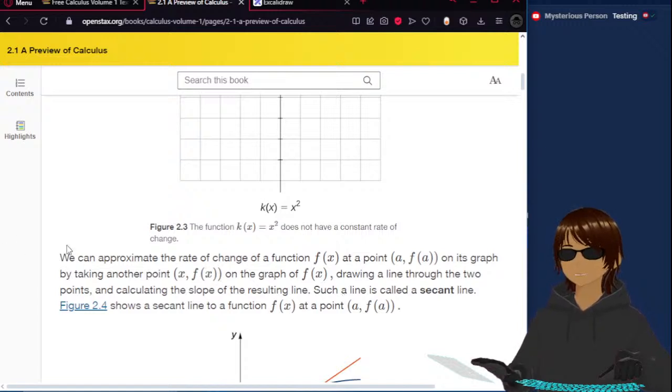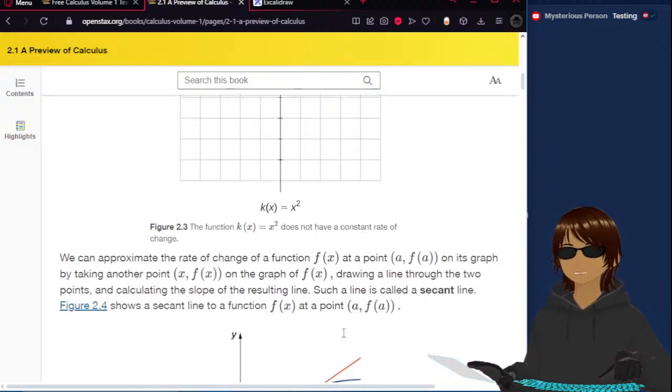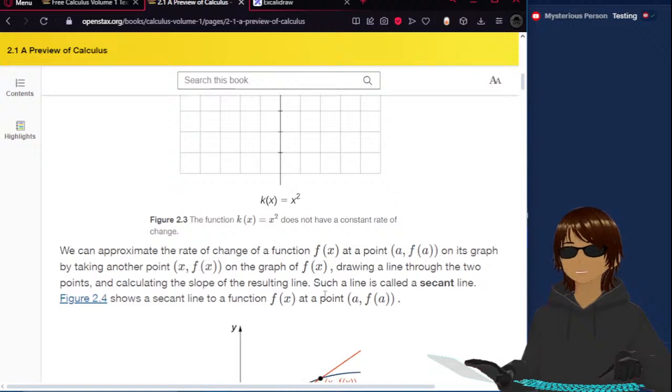We can approximate the rate of change of a function f of x at a point a, f of a, on its graph by taking another point on the graph, drawing a line through the 2 points and calculating the slope of the resulting line. Such a line is called a secant line.